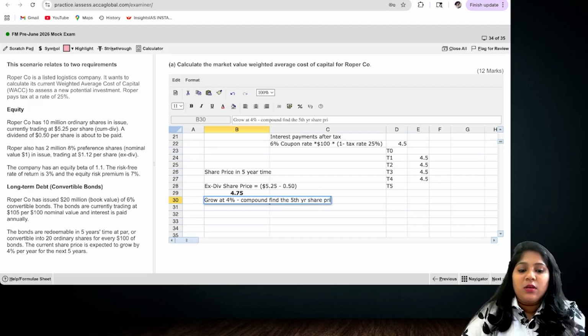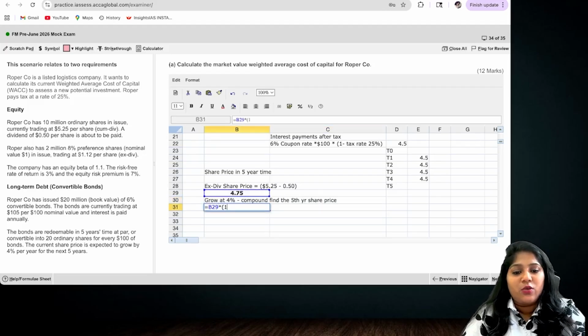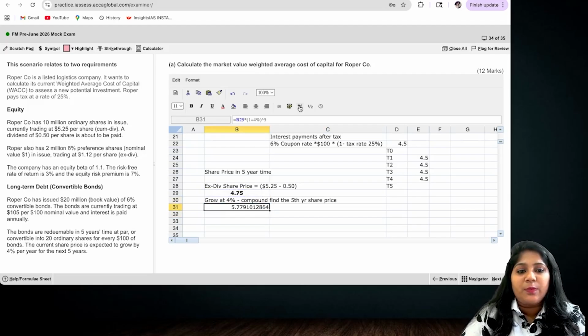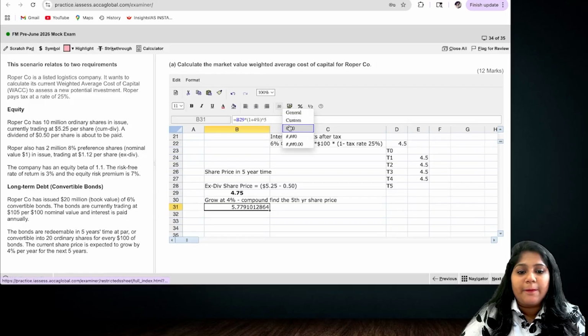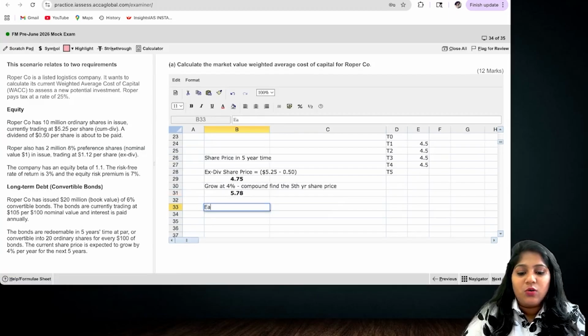How do you do it? Compound it. You take 4.75 into 1 plus 4% raised to the power 5. This is my share price after how many years? After 5 years.